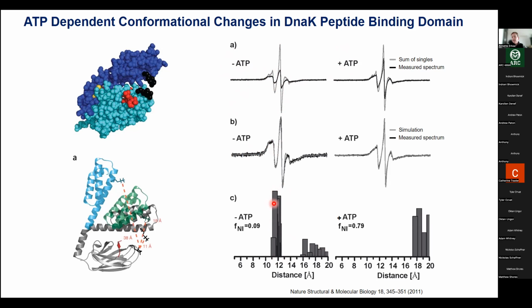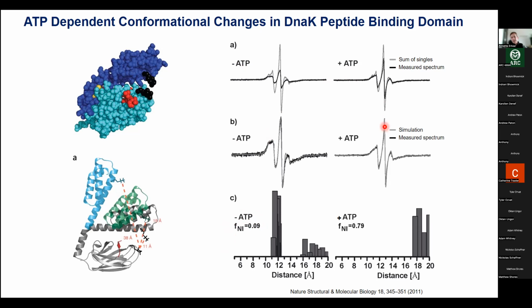And this has actually three populations: a tightly closed one, probably reflecting exactly the crystal structure, one that is kind of intermediate closed, so the lid is a little bit up, and a very tiny fraction where the spins are so far away from each other that they are not interacting. This picture changes dramatically if you add ATP.